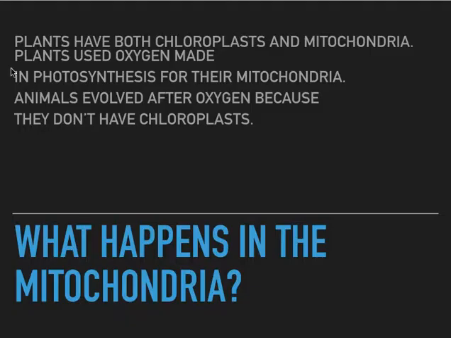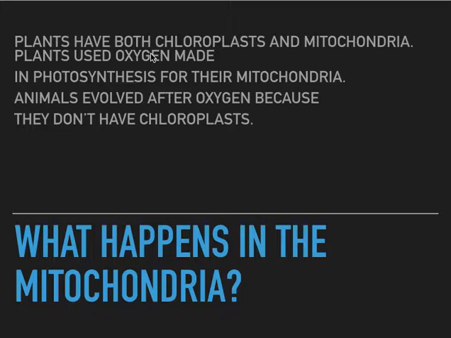Okay, so first of all, plants have both chloroplasts and mitochondria. Plants use the oxygen made in photosynthesis, which occurs in which organelle again? Photosynthesis. Okay, it occurs in chloroplasts. And the oxygen is a waste gas of photosynthesis, so the plants don't need oxygen for that equation.